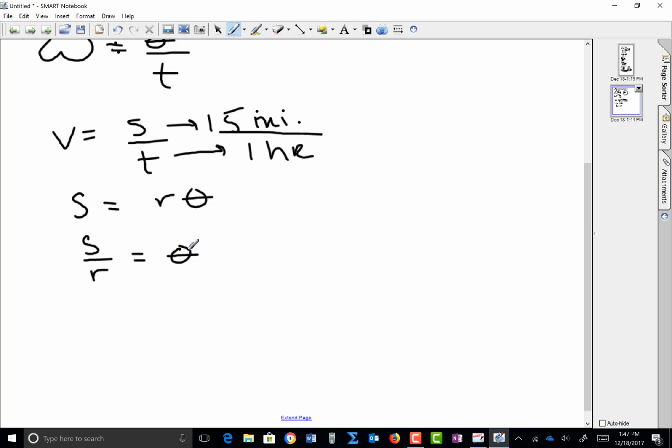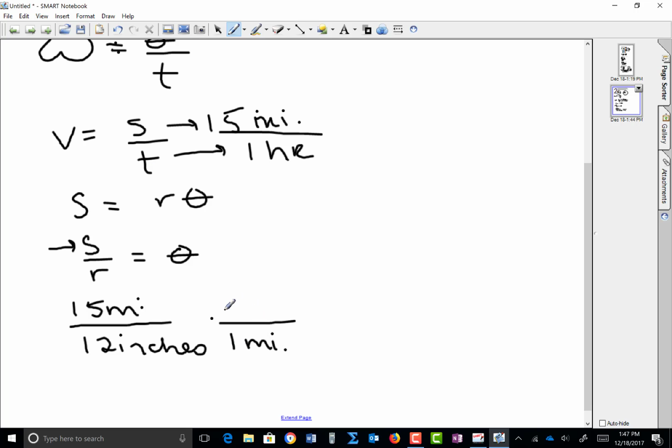And I've got s, which is 15 miles, and I've got radius, which is 12 inches. So if I do a little math here, I know that 1 mile is equal to 5,280 feet, and that 1 foot is equal to 12 inches.